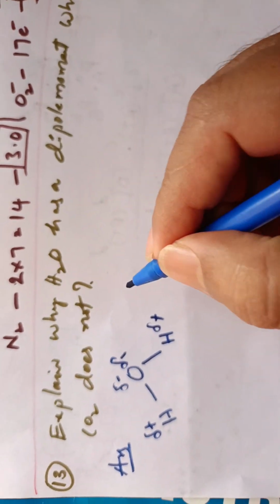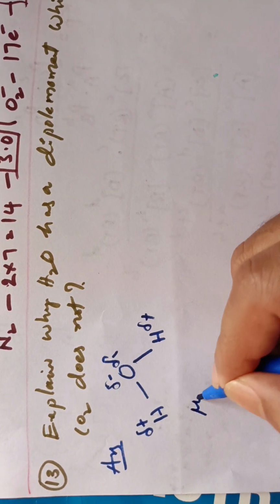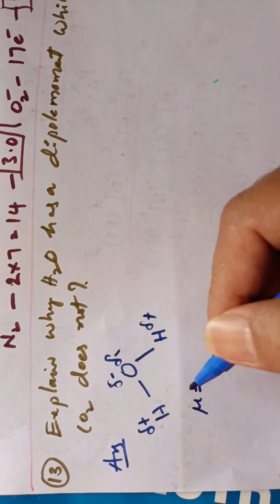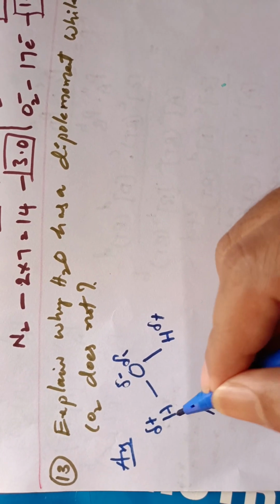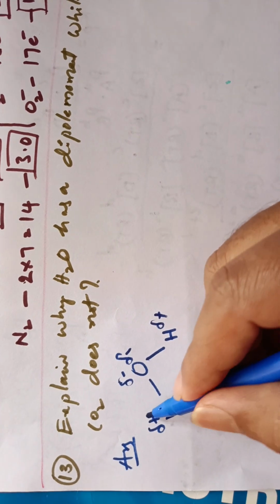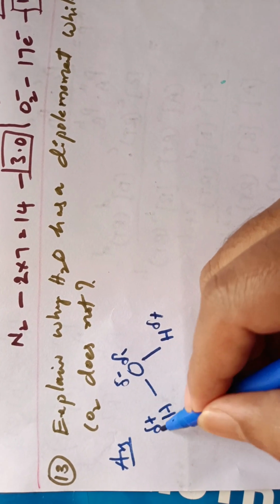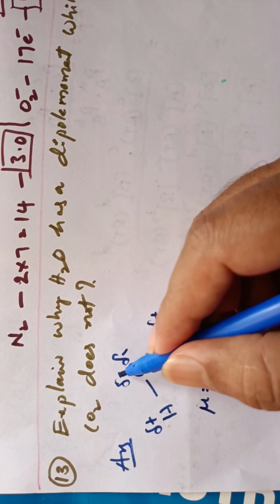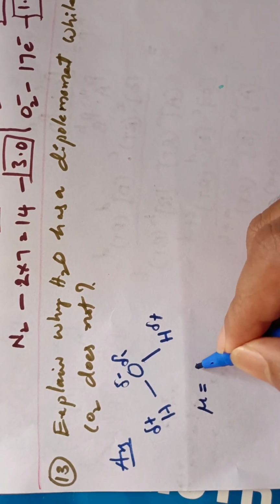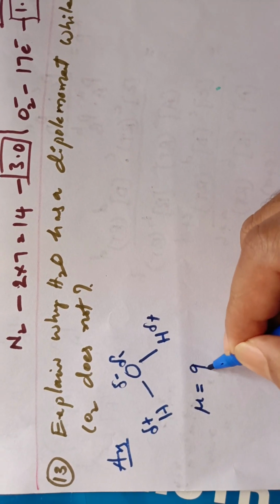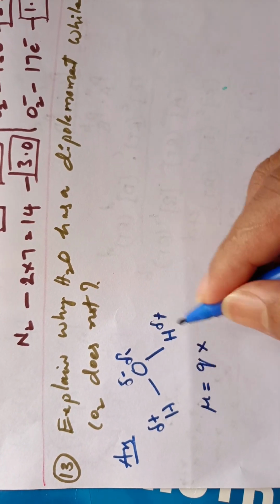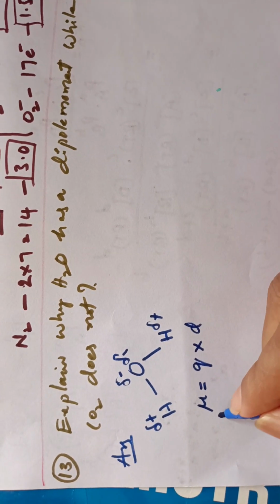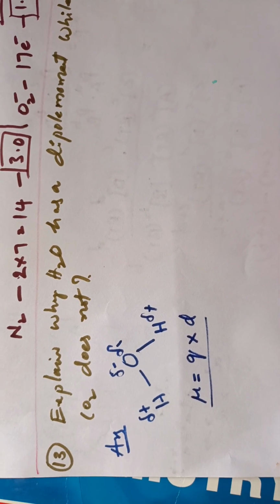So what is dipole moment? Mu equals dipole moment, mu equals the charge on the poles. This is the positive pole, this is the negative pole. So the charge on the poles, that is Q, into the distance between these two atoms, that is D. This is the formula for dipole moment.